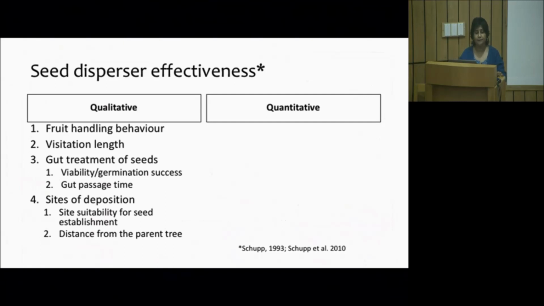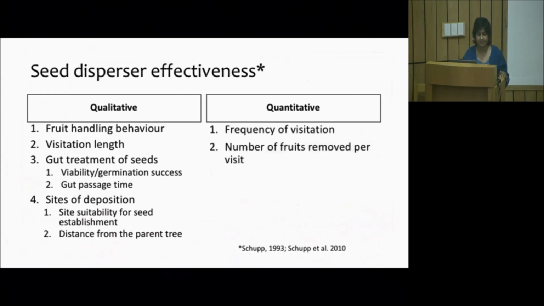So there are a number of factors, and this was first proposed by Eugene Schupp in 1993, and he further expanded it and improved the idea in a later paper.